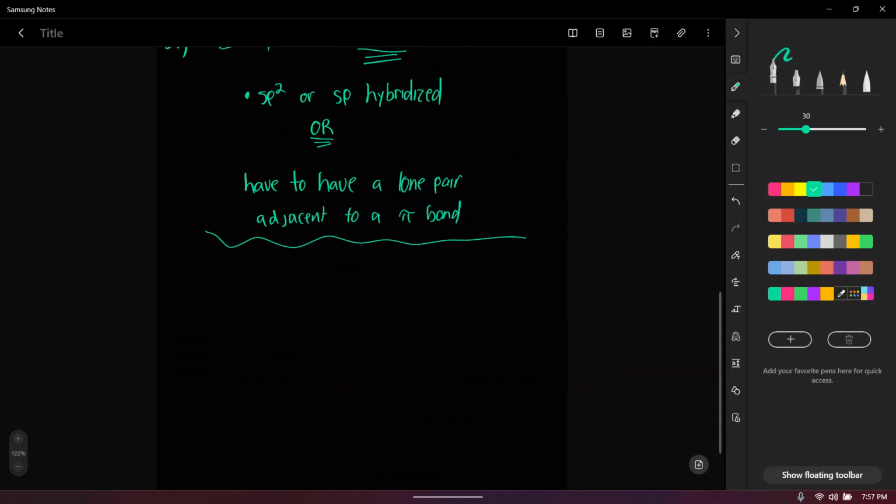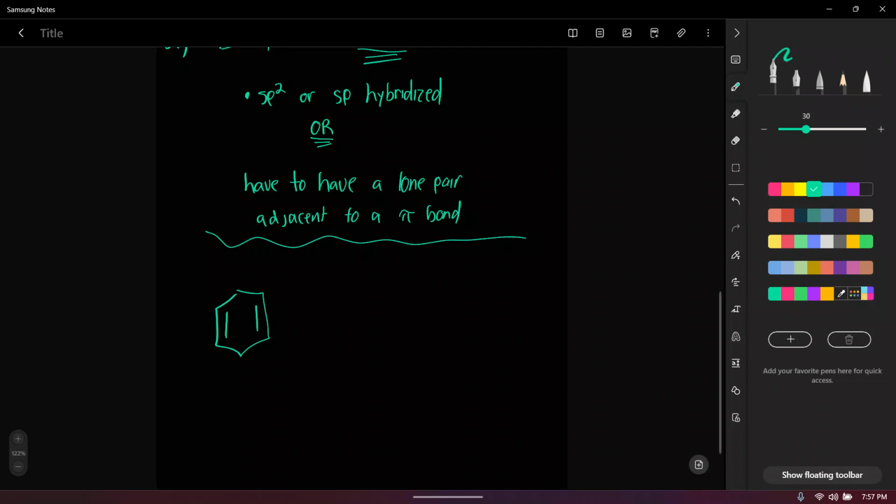So we know that it has to be cyclic, so let's draw a nice 6-membered ring here. Now everything has to be sp2 or sp hybridized, or it has to have a lone pair that's adjacent to a pi bond. So let's say I put a double bond here and a double bond there.